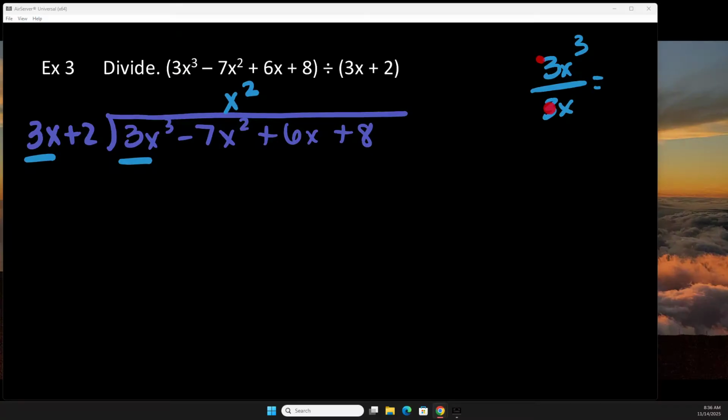All right, so 3 divided by 3 is 1, and then we subtract 3 minus 1, which is going to be x squared. All right, then we'll do the multiply step, where x squared times 2 is going to be 2x squared. And then x squared times 3x is going to be 3x cubed.